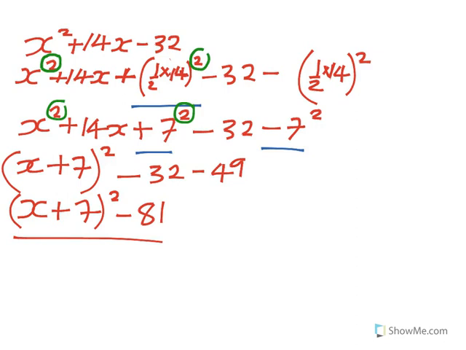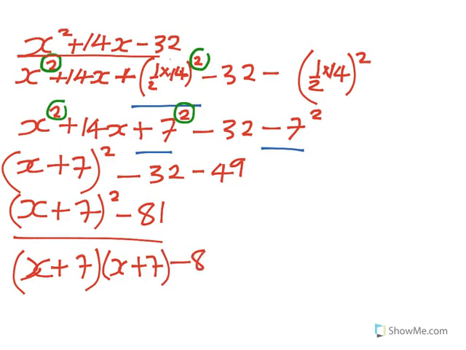You can prove it and multiply it back. It will still give you x squared plus 14x minus 32. Let's just try it. We are saying x plus 7 squared, so it's x plus 7 times x plus 7, minus 81.